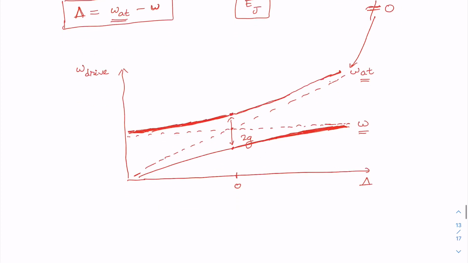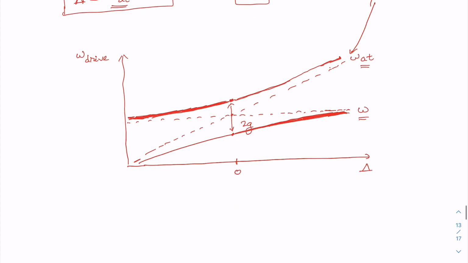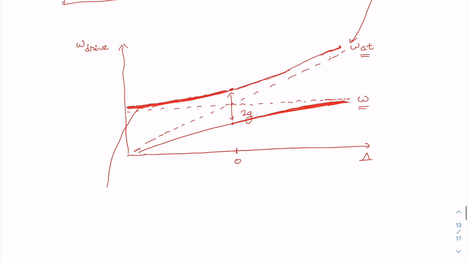Now another thing is, what about the dispersive case that we discussed? As you see from this plot as well as this plot, in the dispersive cases we are away from resonance. Here you see the omega drive frequency is not exactly matching the bare cavity frequency, and it differs from the bare cavity frequency by z square by delta.